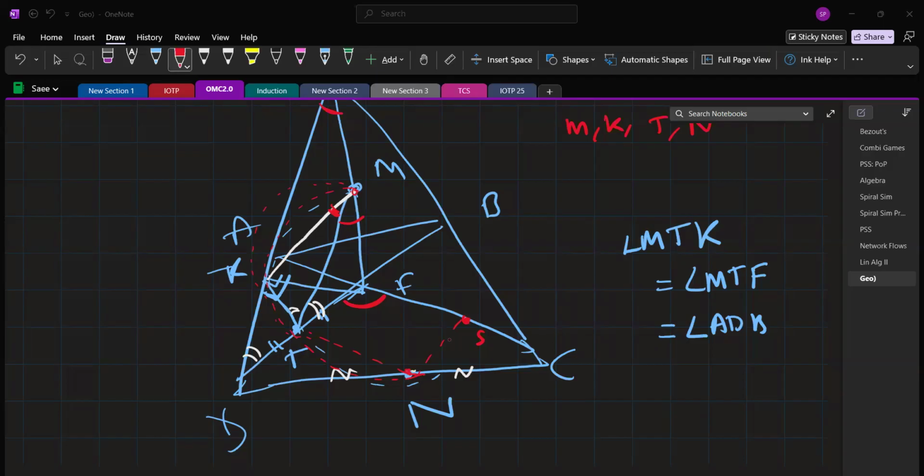Like we can just say that ELFK is cyclic if it helps.